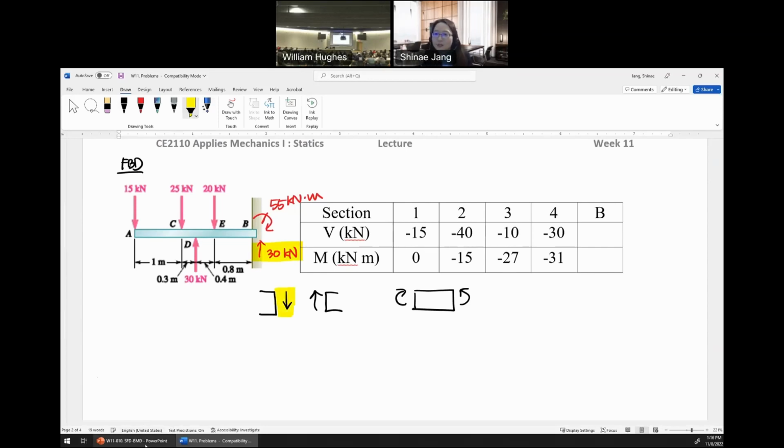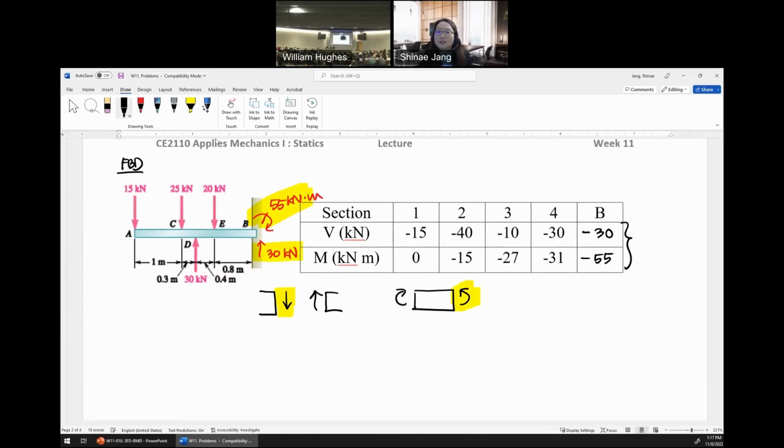So this is what we need to see. Is it the same direction or the opposite direction? Opposite direction, right? So it's minus 30. And about the moment, is this plus 55 or minus 55? You see this one again, right? That's the opposite direction, so it's also minus 55.